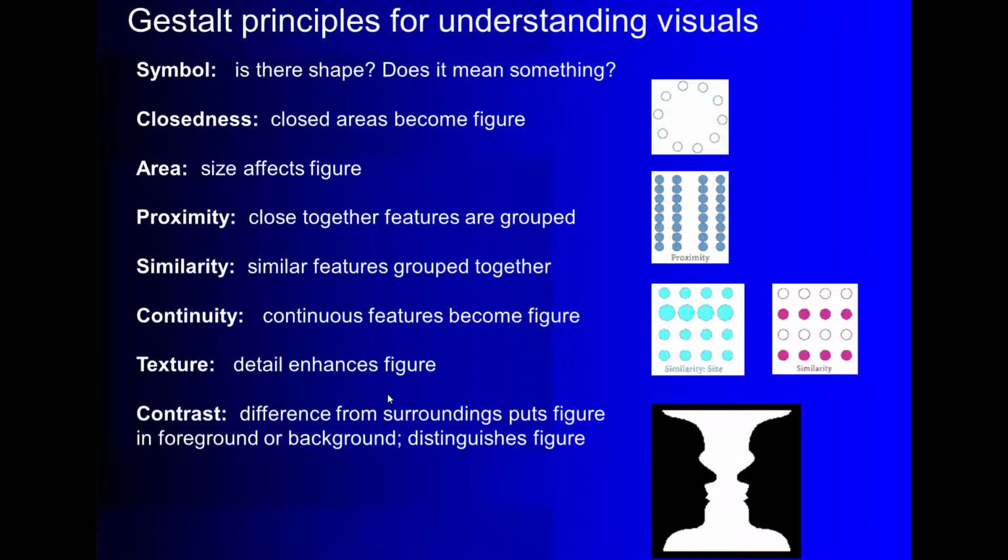And then, of course, the way we configure the background in the foreground is largely dependent on things like contrast, which shows, again, a difference in visual either brightness or tonal value or those kinds of things. Those are all differences in contrast.